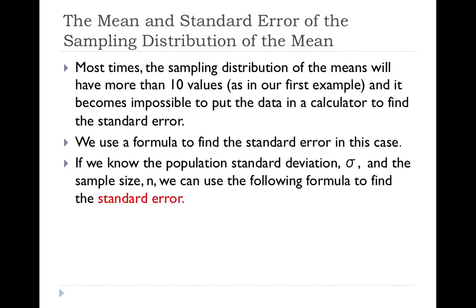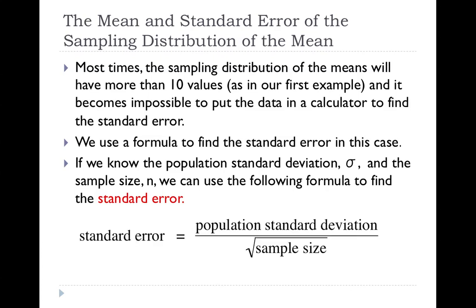If we know the population standard deviation, which is sigma, and we know the sample size that was used to create the sampling distribution, the following formula will give us the standard error. We simply take the population standard deviation and divide by the square root of the sample size.